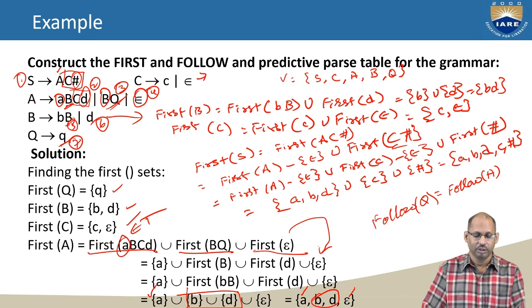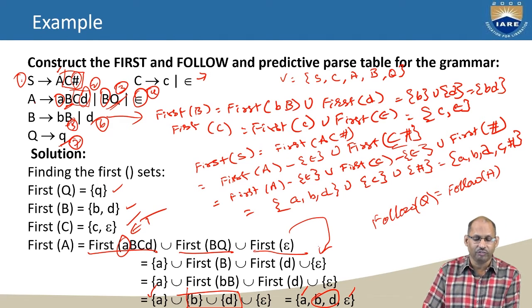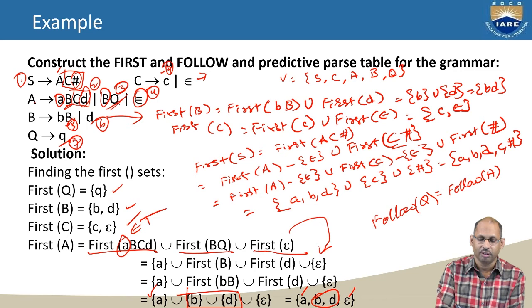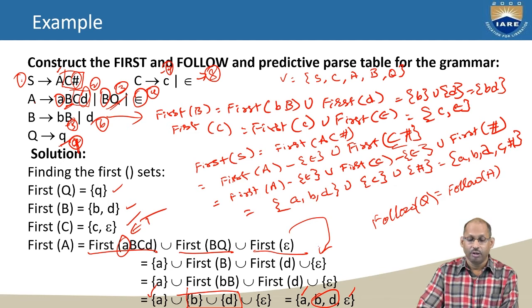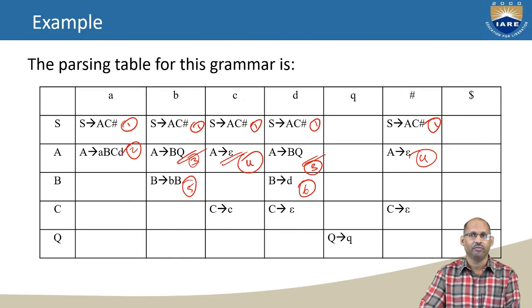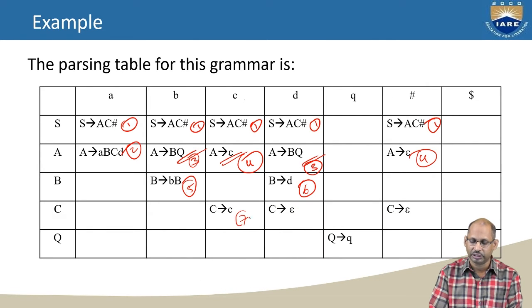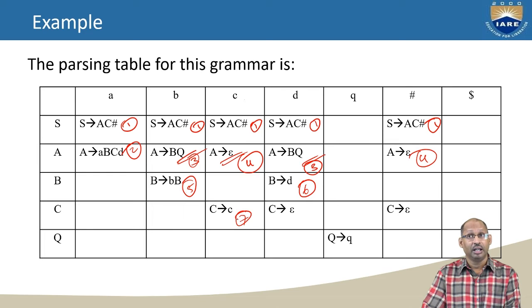Here we are writing 7, this is 7, this is 8, this is 9, right? C variable. First of C for the seventh production, we simply write the seventh production here. For the eighth production it is epsilon.